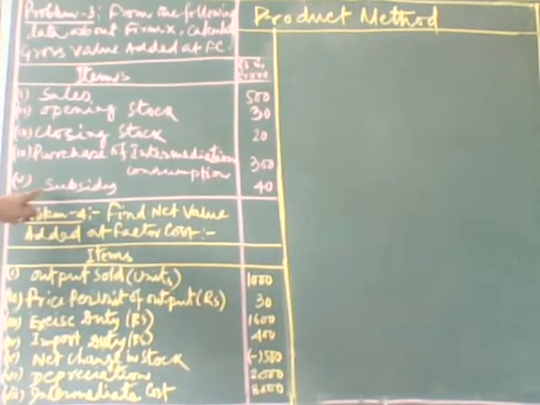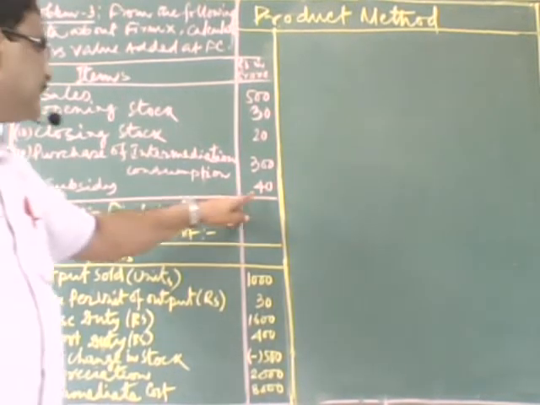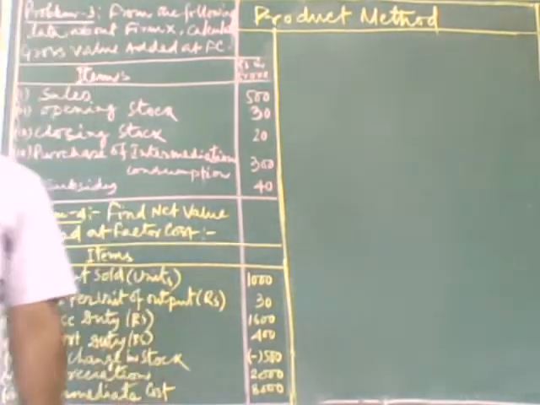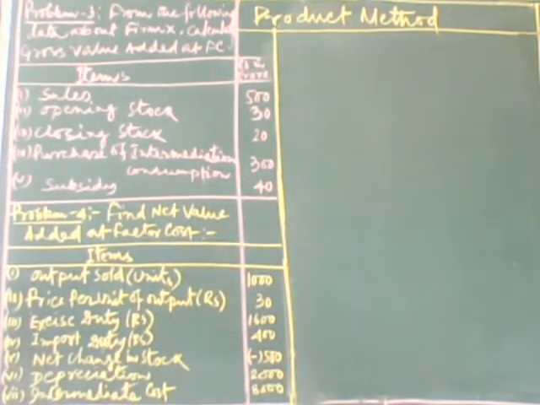And item number 5, subsidy, that value is 40. From this information, we have to calculate the value of gross value added at factor cost.